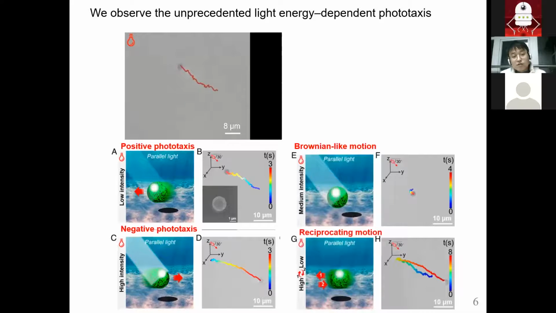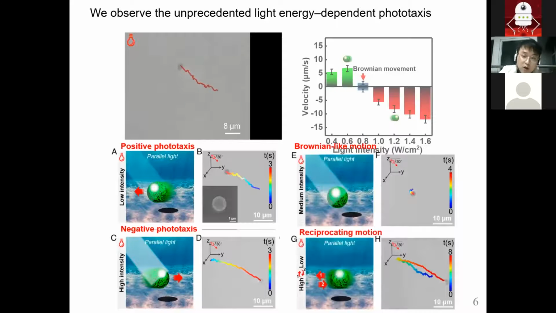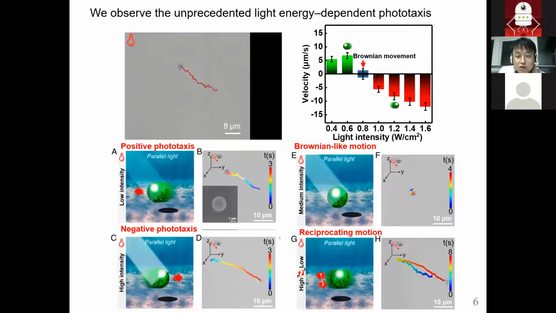It is 0.8, at which the micromotor only exhibits Brownian-like motion.